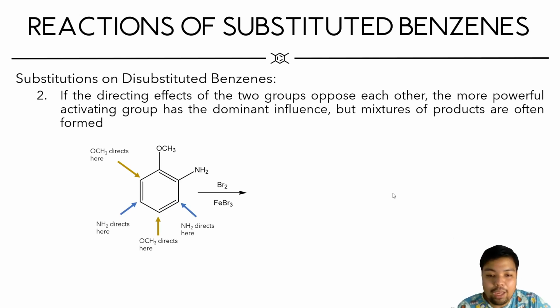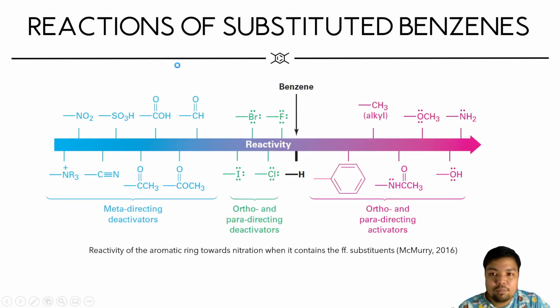Now, let me go back to my slide here. We know in our reactivity that the amino group increases the reactivity of the aromatic ring more than the methoxy group, as shown here.